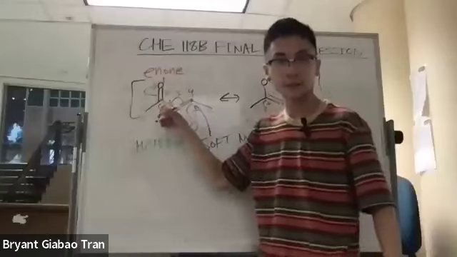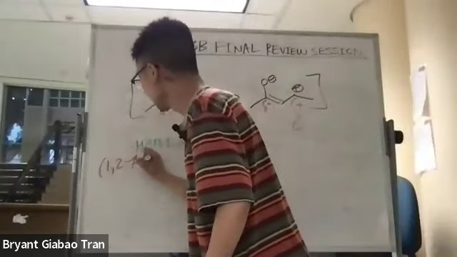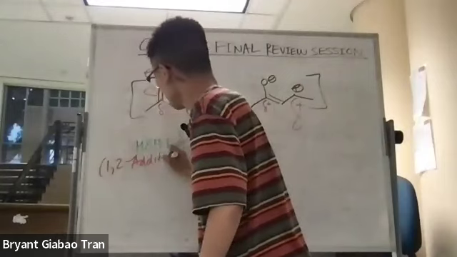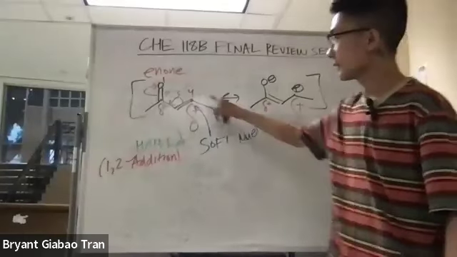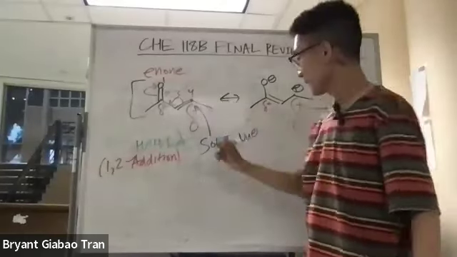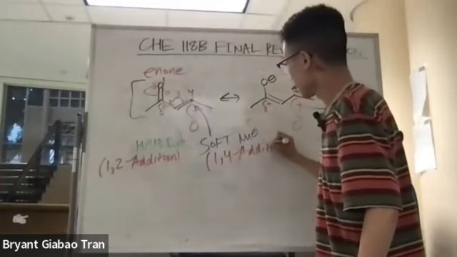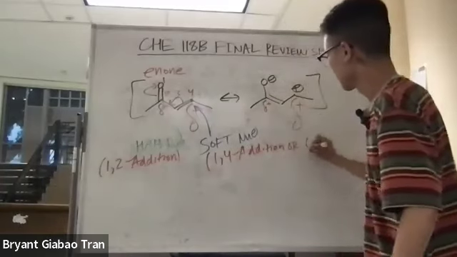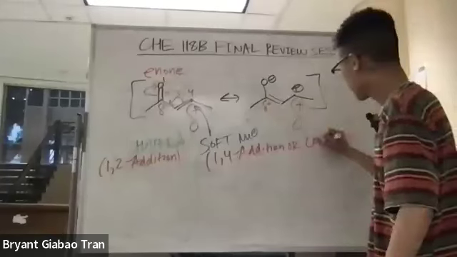So when you have a hard nucleophile attacking the carbonyl carbon, you might see that as a 1,2 addition, right? Because we added at the second position there. If you see a soft nucleophile attacking the beta carbon, or the fourth carbon, then that's called a 1,4 addition. Or you might see it as a conjugate addition, because this is a conjugated system here with that oxygen right there. Conjugate addition.